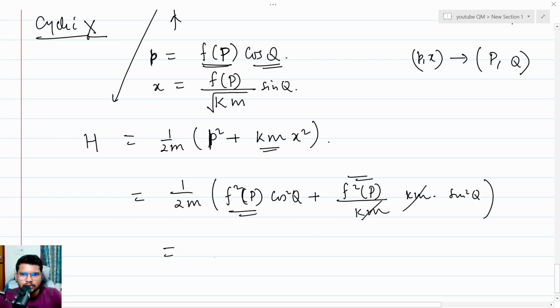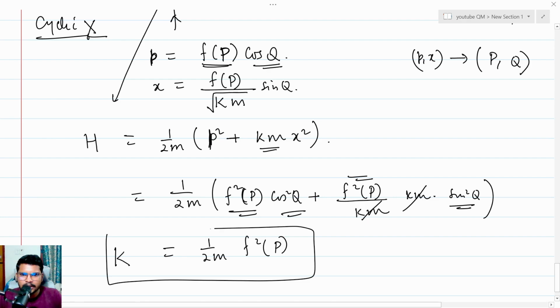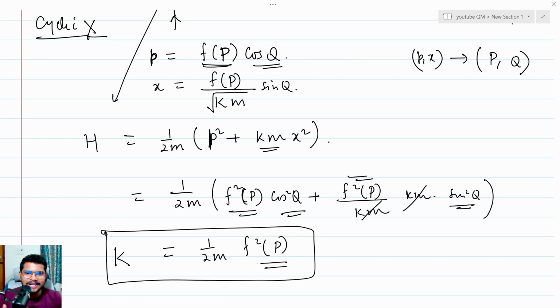F square, both the places, 1 by 2m, f squared of P, cos square Q plus sin square Q is gone. It's our new Hamiltonian that is independent of the coordinate, right? So we have actually found some cyclic coordinate, and this cyclic coordinate is just simply gone, right?